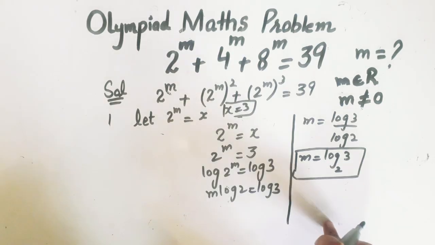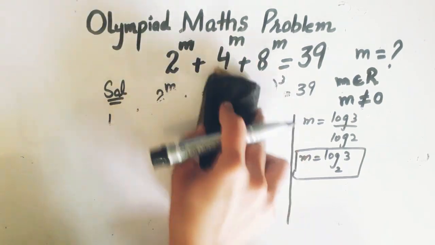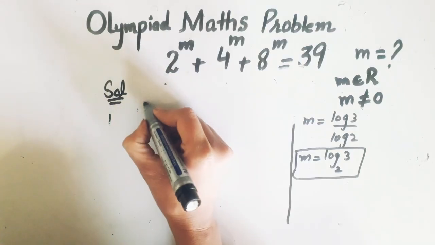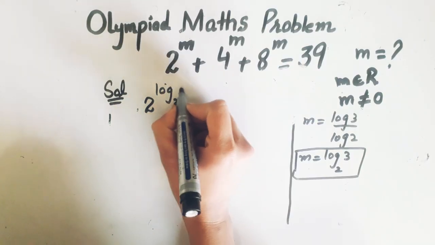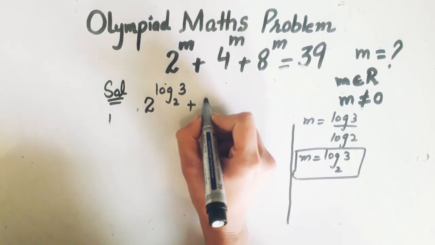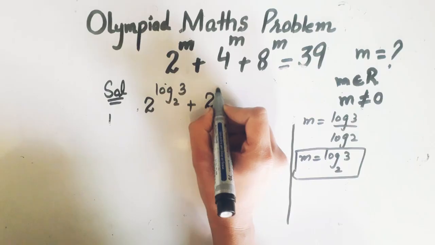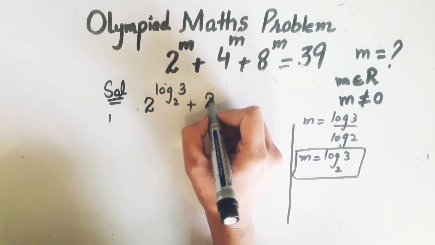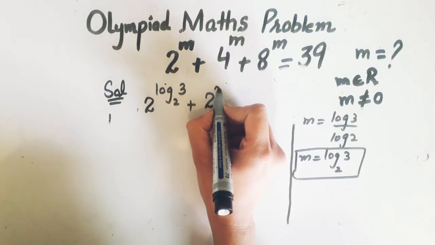Now after solving this, we will do the verification to check whether our answer is correct or not. For this purpose, we will write each value. 2 to the m means 2 raised to log base 2 of 3, plus this is 2 squared. 2 squared, we will write this as 4 raised to power m, which can be written as 2 squared.